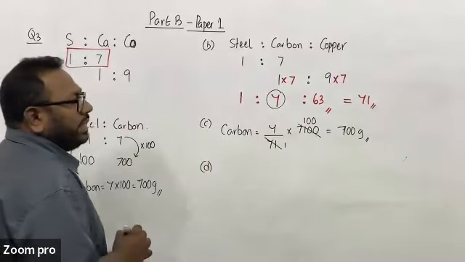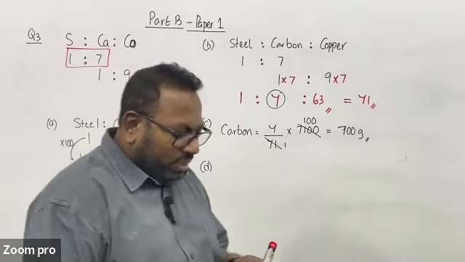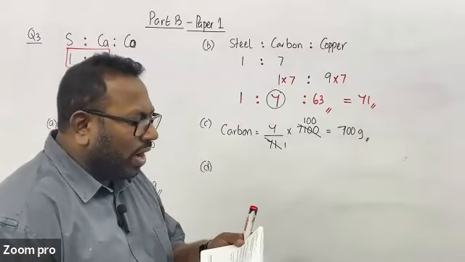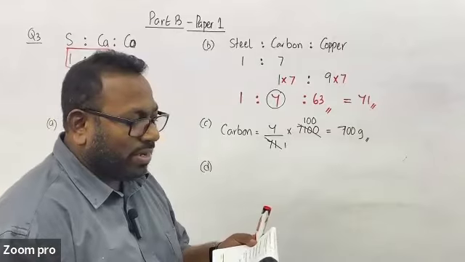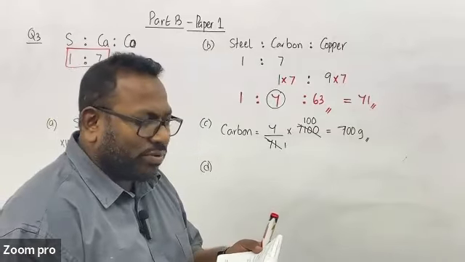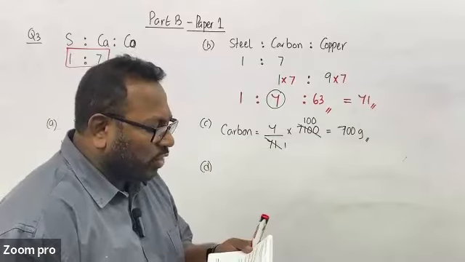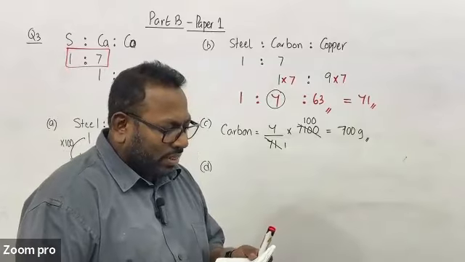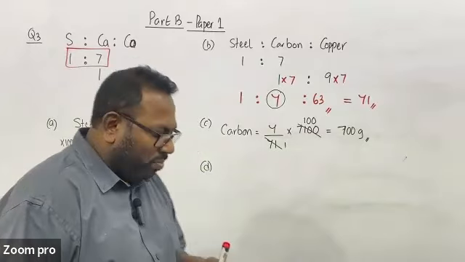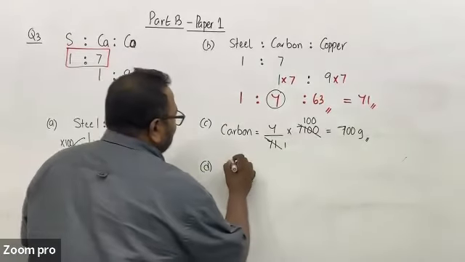Right. D question. D question is, if 100 grams of steel is mixed with 400 grams of carbon and 600 grams of copper, find the ratio in the simplest form. So what is this?